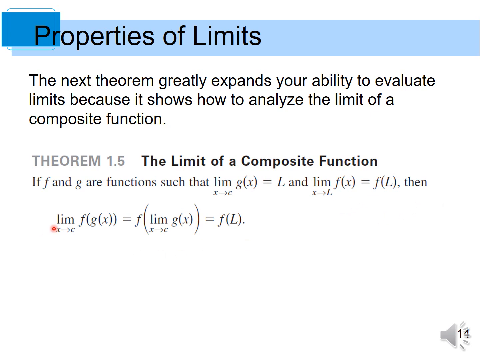Then the limit of the composite function f(g(x)) when x tends to c is equal to f of the limit of g(x) as x tends to c, and also is equal to f(L).